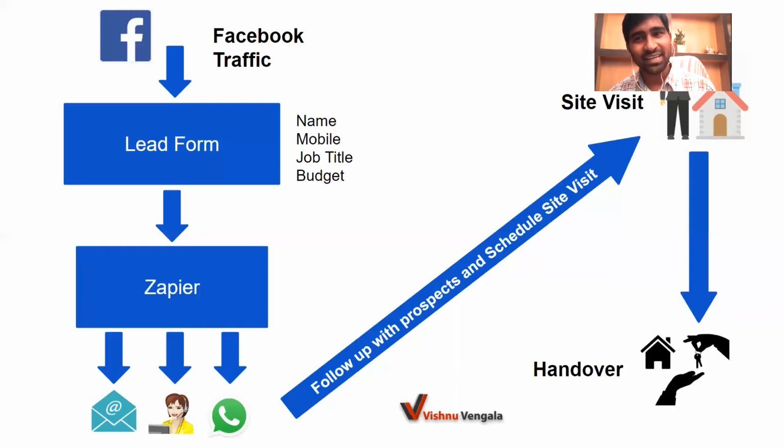This will definitely convert more site visits. And if your project is a quality project, with good benefits and amenities, and if you have a good location, then definitely you're going to get the sales.